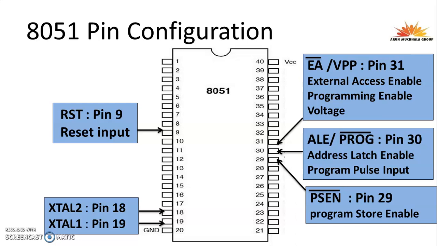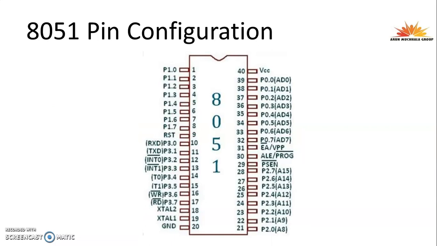Pin number 31 also acts as VPP, that is the program enable voltage, and this pin receives 12-volt programming enable voltage during flash programming. So these pin numbers 29, 30 and 31 are basically used for external memory interfacing.